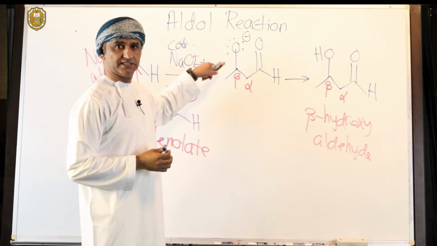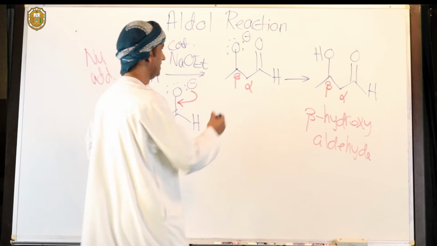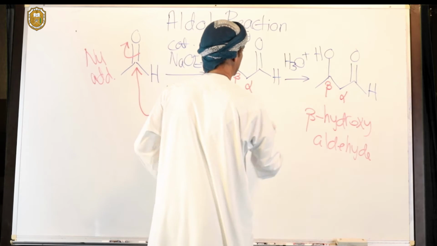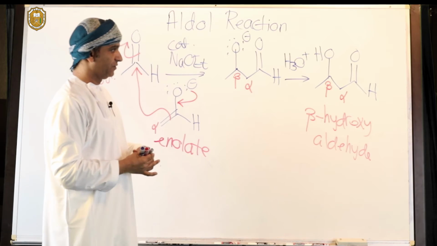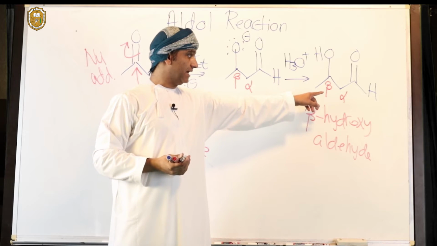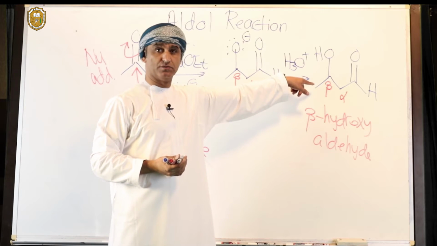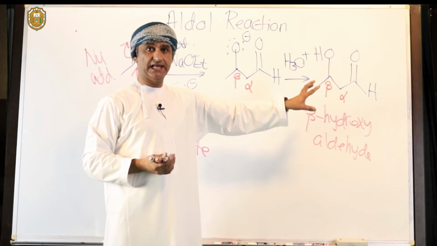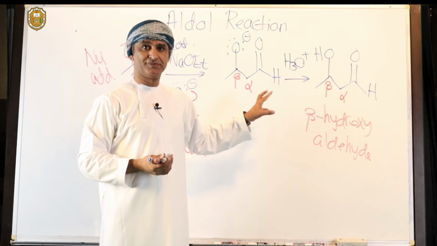Now that's as a result of protonation of the beta-alkoxy aldehyde. If you look at the structure, it is actually an aldehyde, and it has a hydroxyl group at the beta position. So it is an aldehyde and an alcohol at the same time.